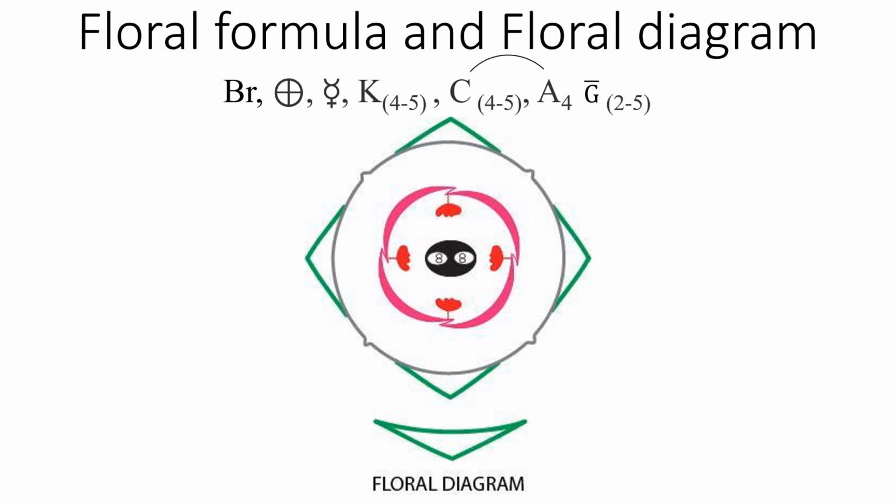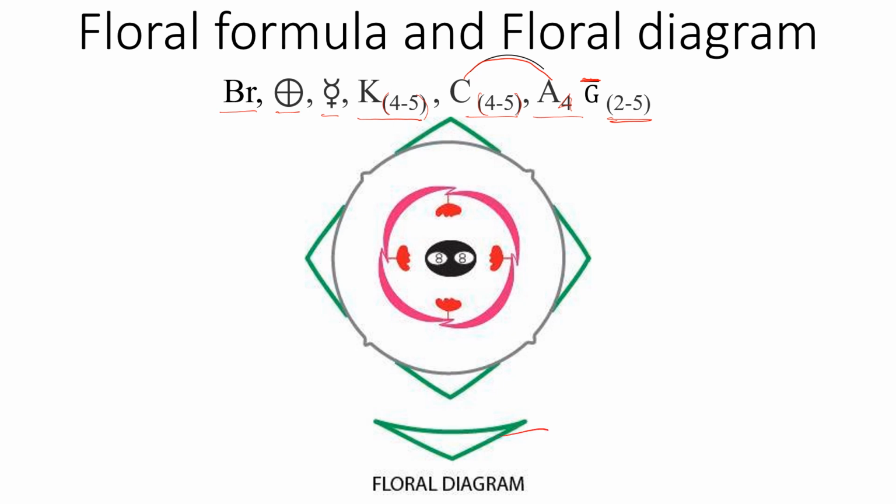Then the next, the floral formula, which is representing here the presence of bract. Then actinomorphic, bisexual, sepals 4 to 5 united, petals also 4 to 5 united. Stamens also 4 to 5, but here we have represented only 4, and this epipetalous condition. Gynoecium 2 to 5, and the line below the G represents inferior ovary.